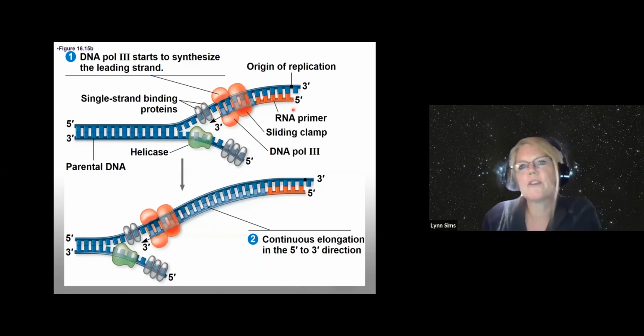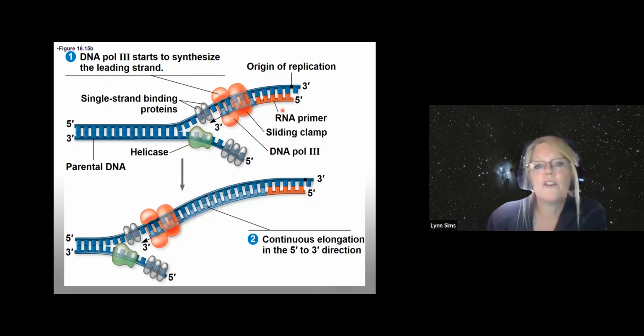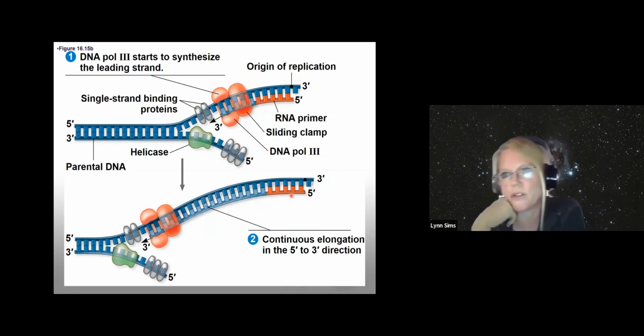So if we talk about this right here, let's look at this RNA. Now, again, it's RNA, and we want this whole strand to be DNA. So imagine this DNA polymerase 3 synthesized DNA all the way to this 5' end of the parent strand, creating the 3' end, which is connected to it. Well, now we have this RNA primer, which is still there. Well, the RNA primer is removed, and then normally DNA is going to be attached.